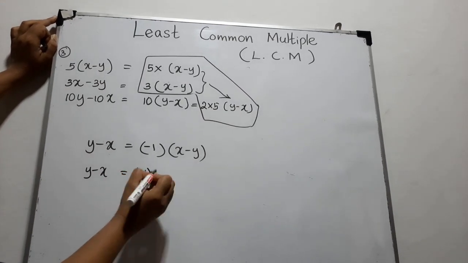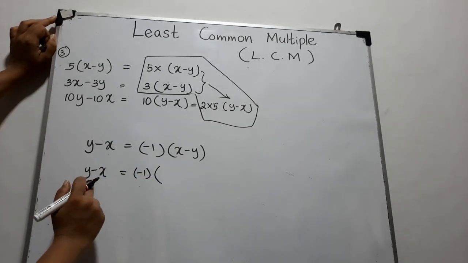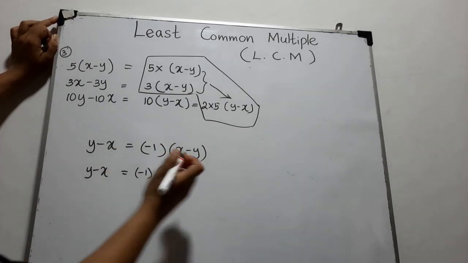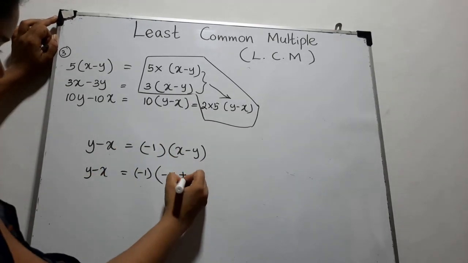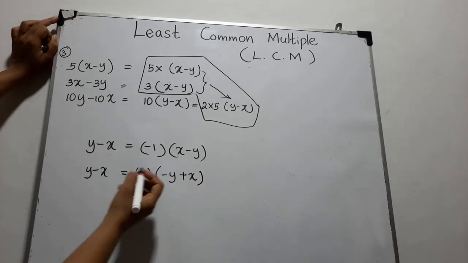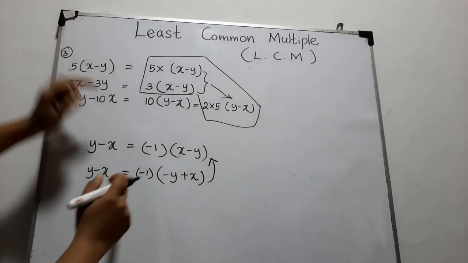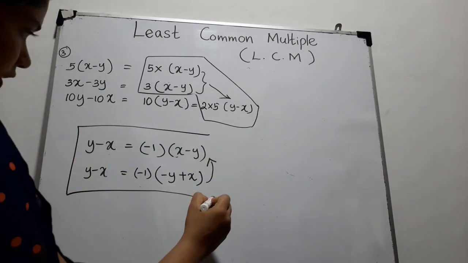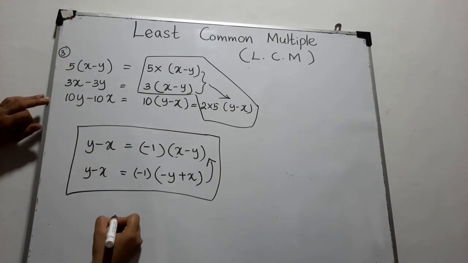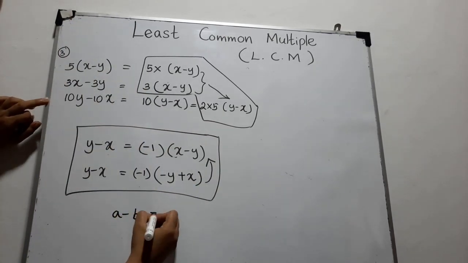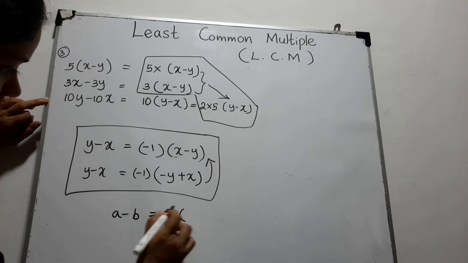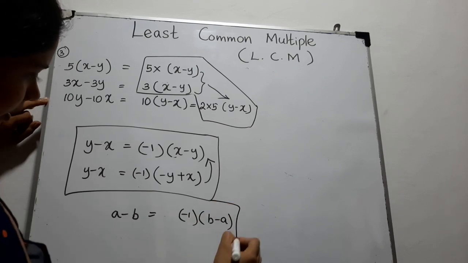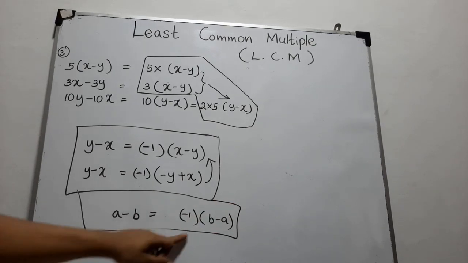When I take minus 1 as the factor, minus 1 multiplied by minus y gives positive y, and to obtain negative x, the x must be positive. So we can write it as minus 1 times x minus y. You have to keep this in your knowledge. Here a minus b can be written as minus 1 times b minus a. Those are special facts.